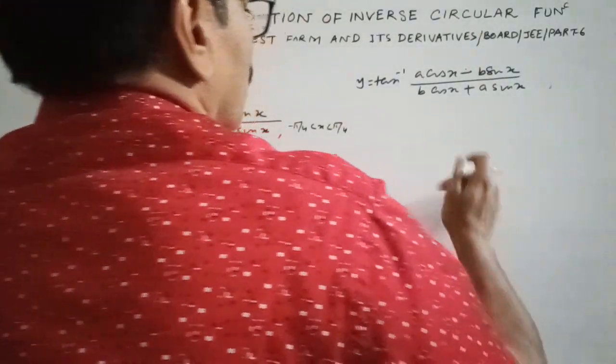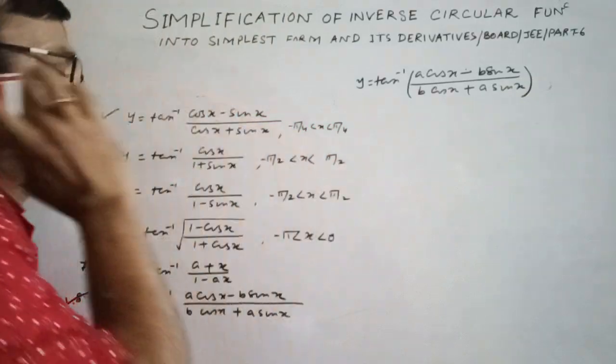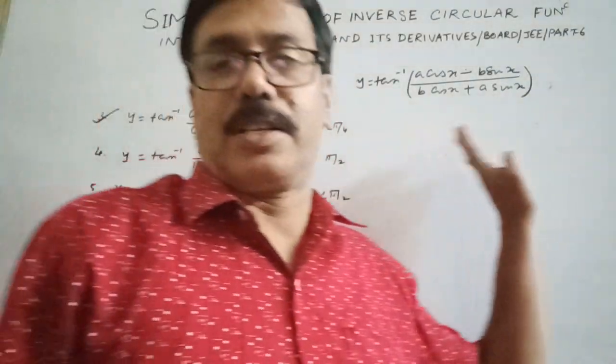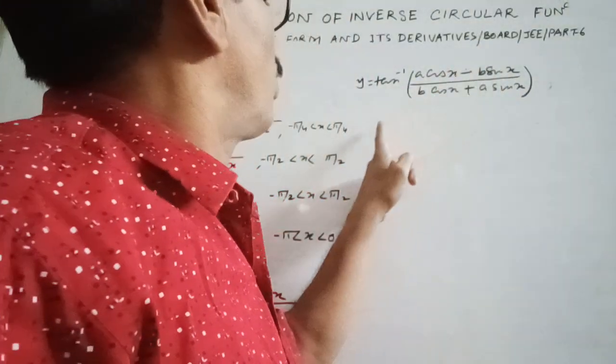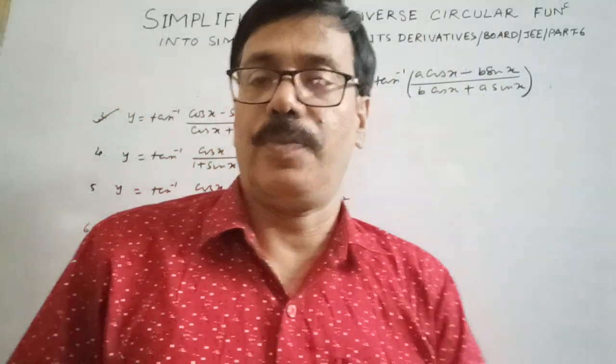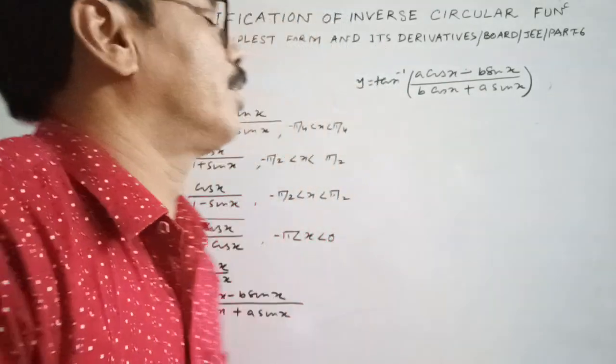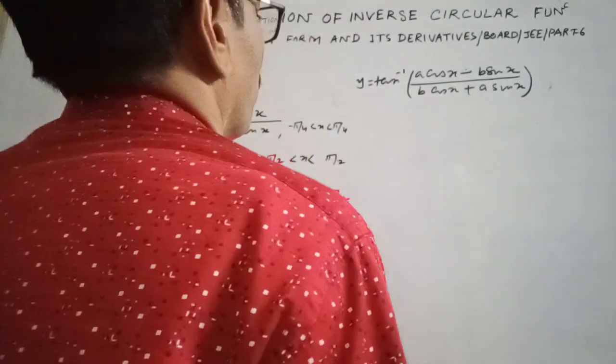So look, if we use formula of direct derivative, derivative of tan inverse x is 1 by 1 plus x square into d dx of argument. This will be lengthy. So our main aim will be to simplify it if possible.